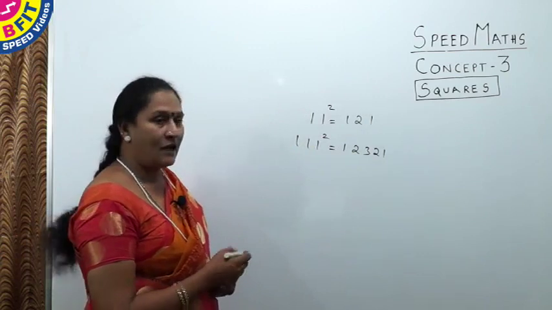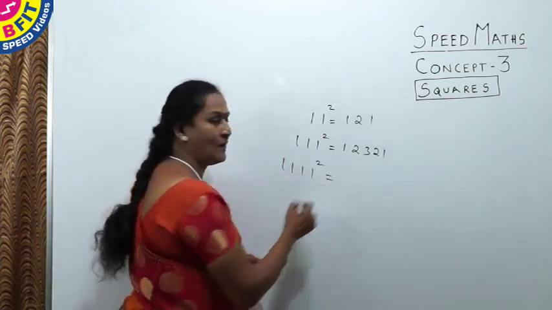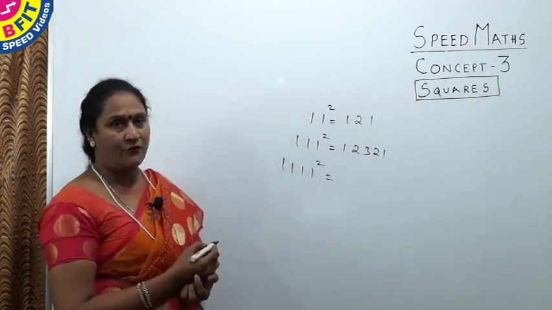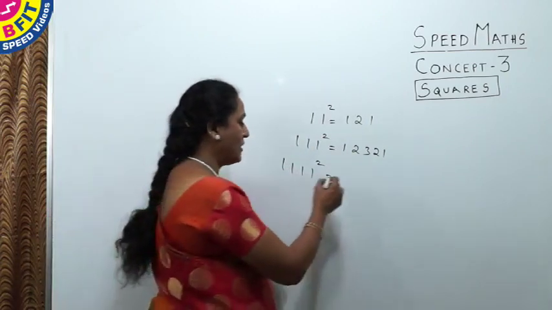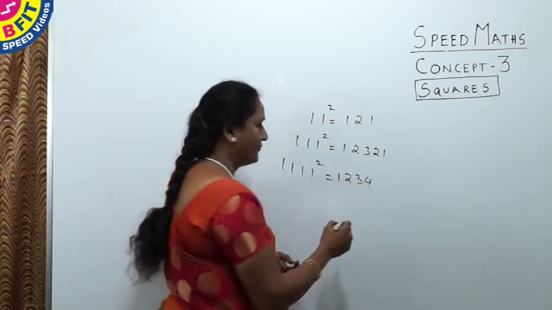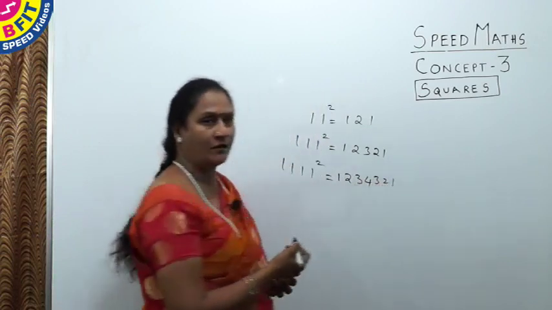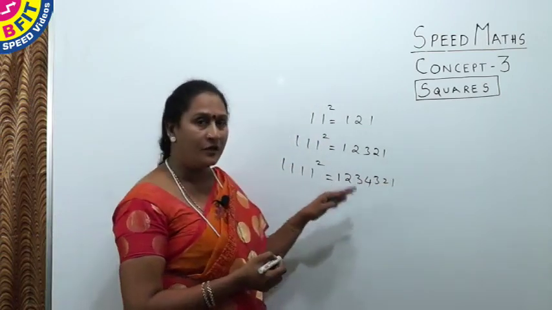Now when you have 4 ones and you square it, what will be the square of 4 ones? As you have 4 ones, write up to 4 and then start in descending order: 1, 2, 3, 4, 3, 2, 1.